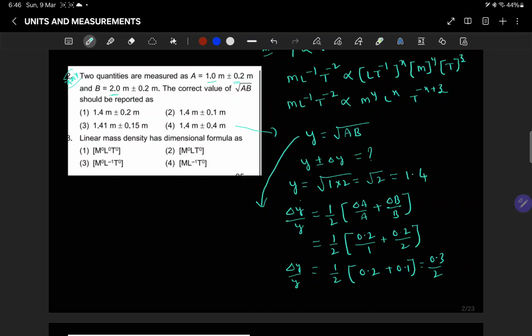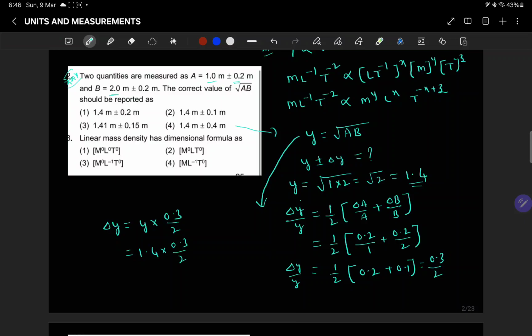What is delta Y, students? Delta Y equal to, by cross multiplication, Y into 0.3 by 2. Y value we already calculated is 1.4. So 1.4 into 0.3 by 2.